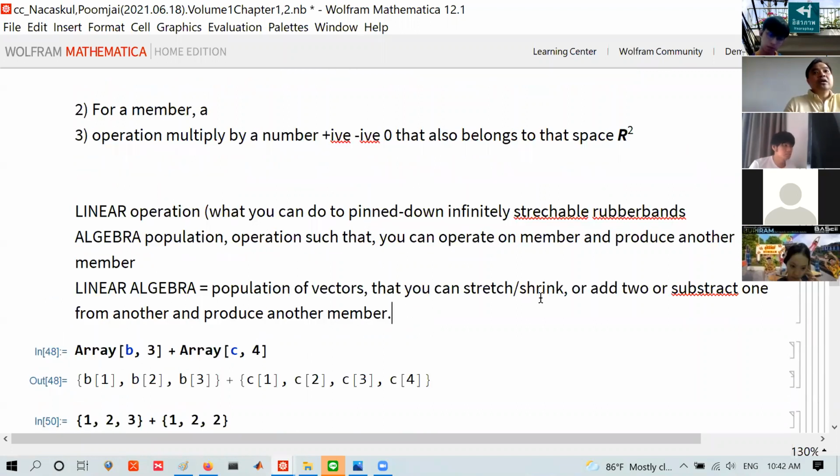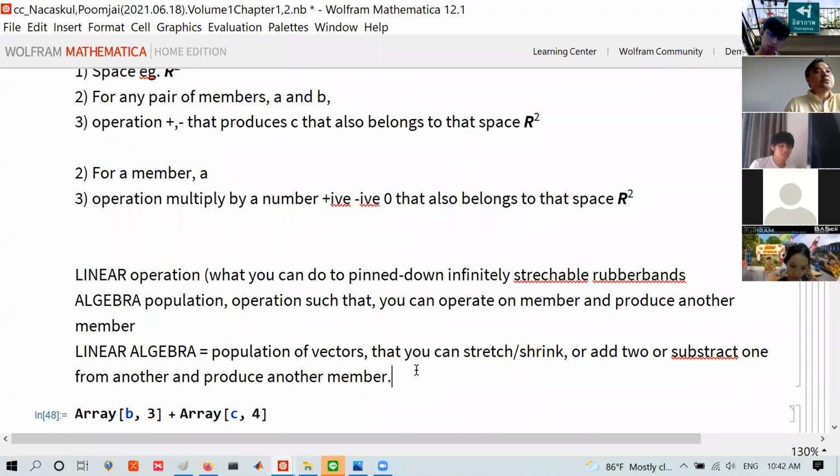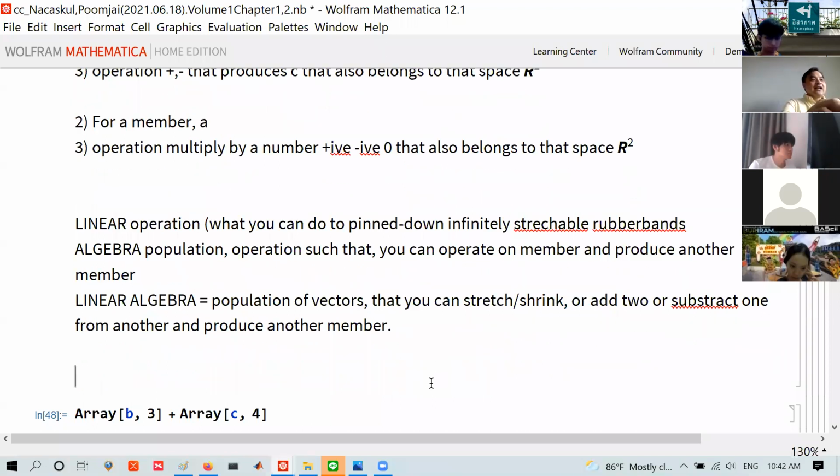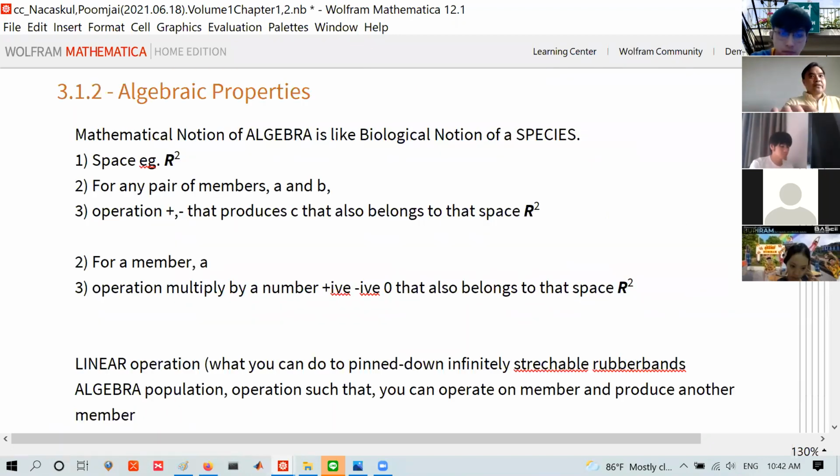So now we have this thing called linear algebra. It's a population of vectors. Now, be careful: R2.